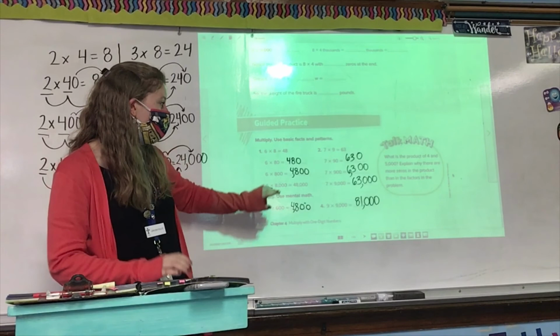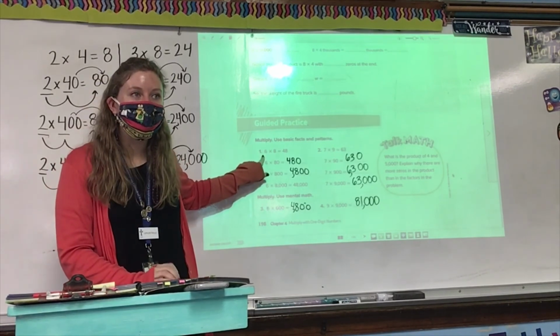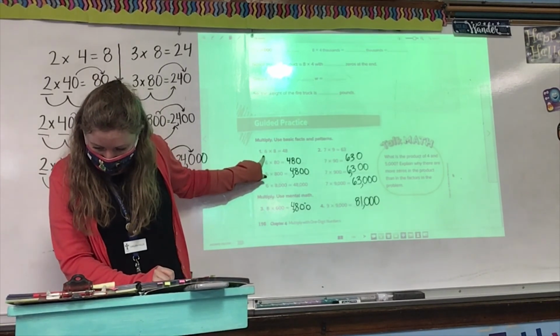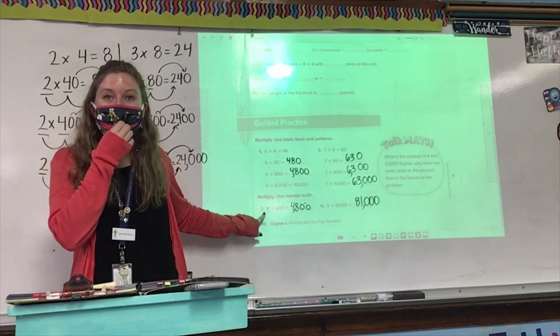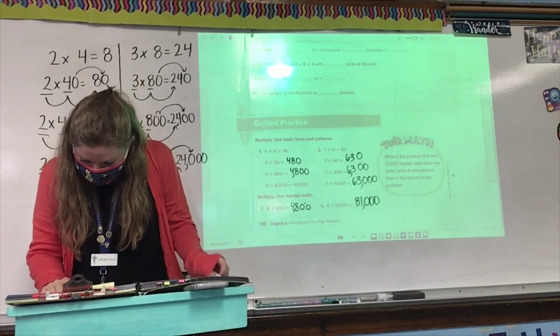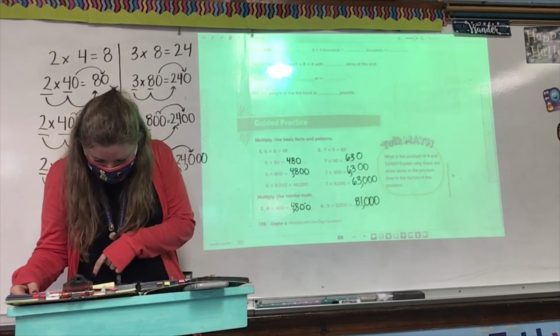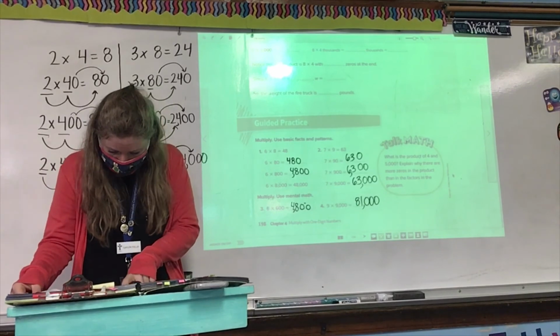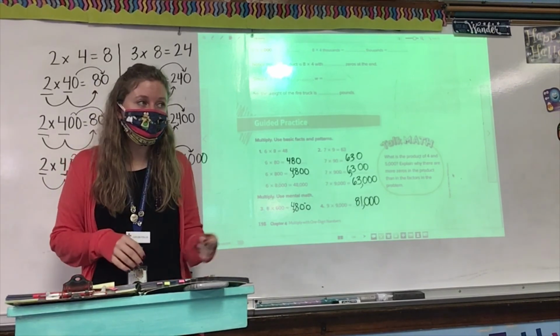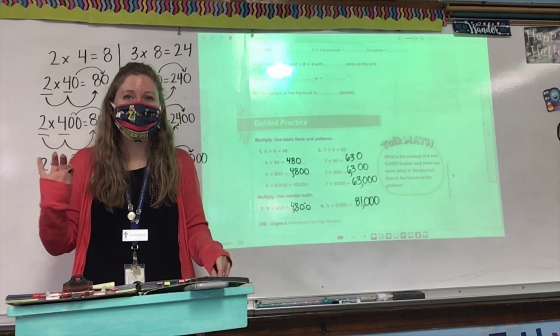Numbers 1 through 4 are exactly like number 1 and 2 on the guided practice. Numbers 5 through 8 are exactly like numbers 3 and 4 on the guided practice. Numbers 9 through 12 are similar to numbers 17 through 20 on the independent practice.